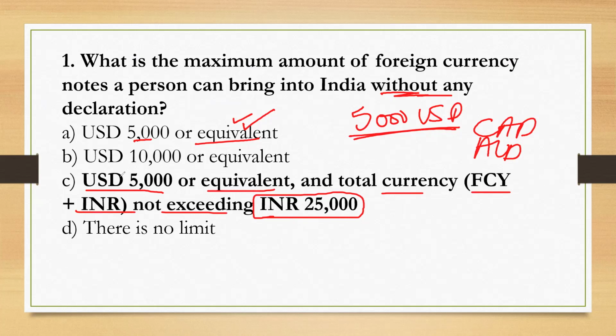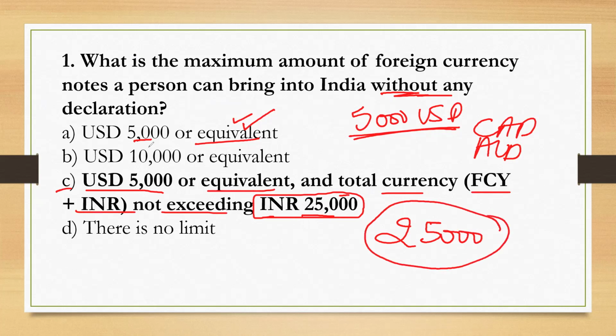Okay, so in option C you can see 5,000 USD, if the total currency is foreign currency plus INR, then INR should not be more than 25,000 rupees. So 5,000 or its equivalent, and in equivalent, any other currency can be there. So we have to calculate the equivalent amount for this USD 5,000.